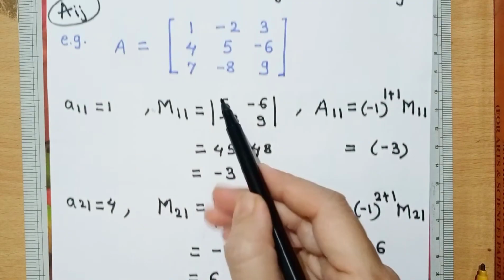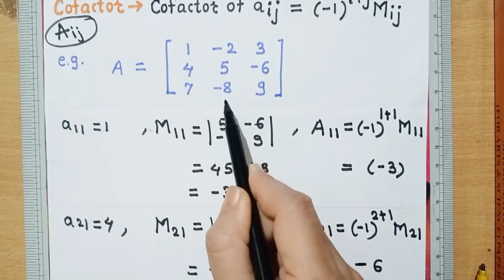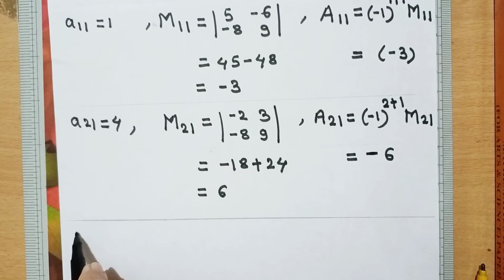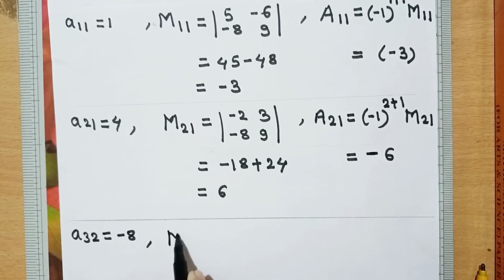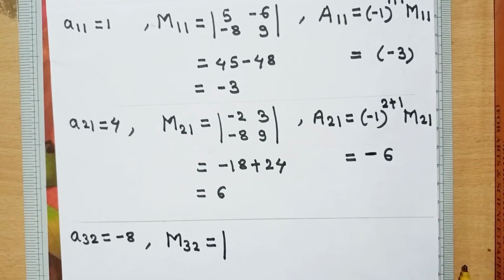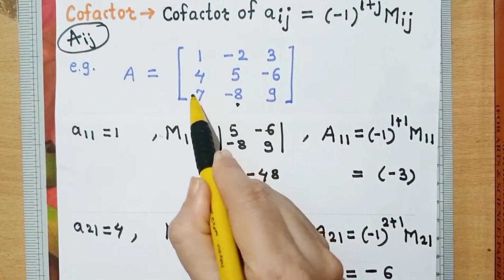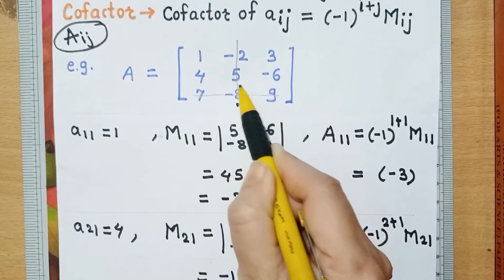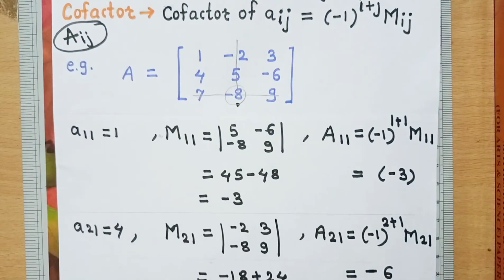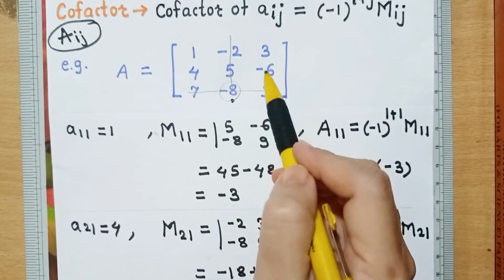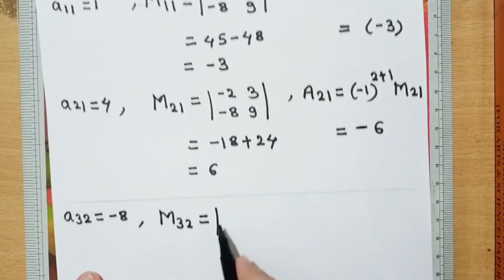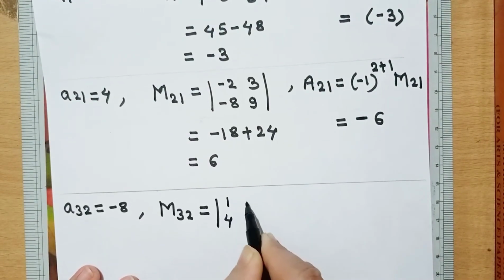Now let's find the minor and cofactor of this element. Now this element is A32, that is equal to -8. So we will write here minor M32, that is equal to the determinant obtained by deleting the row and column in which this -8 lies. So 1 4 3 -6.